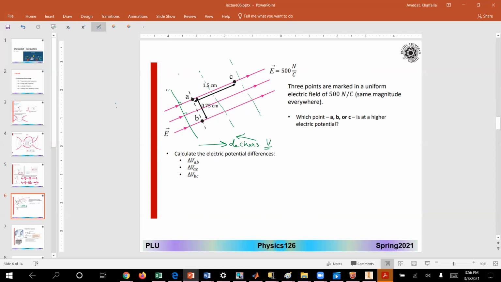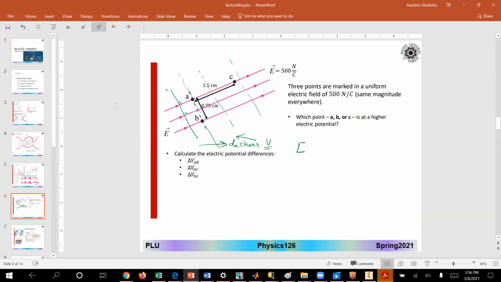So let's draw one line in this case, just for the purpose of solving this problem. Now, we know the formula that relates the electric potential and the electrical field.